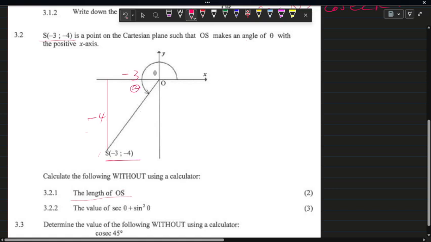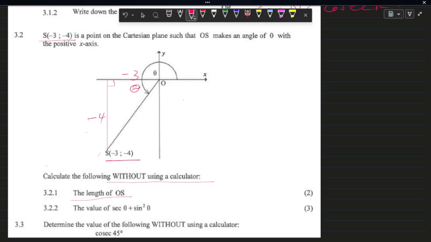Now in 3.2.1, they want the length of OS. Please note that they gave a specific instruction that we must calculate the following without using a calculator. We will do this by means of the theorem of Pythagoras, because this is a 90-degree triangle.